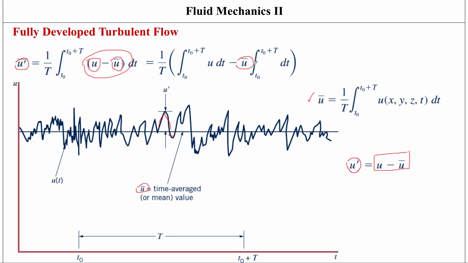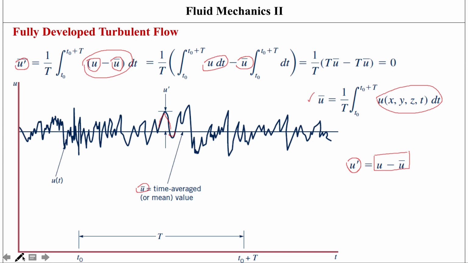So this pops out of here, and all we're left with is dt here. And within this integral, we have u dt, which is the same thing as this. So all we have to do is we just substitute, instead of u dt, we substitute by u bar, and we simplify this integral, which comes down to t, because t naught and t naught cancel out, and all we are left with is 0 now.